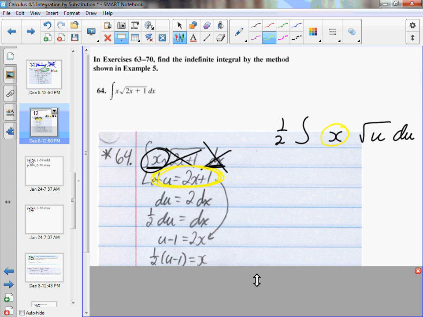So, as ugly as it is, guess what we replace x with? We replace it with 1/2. So that's another 1/2 times the quantity u minus 1.